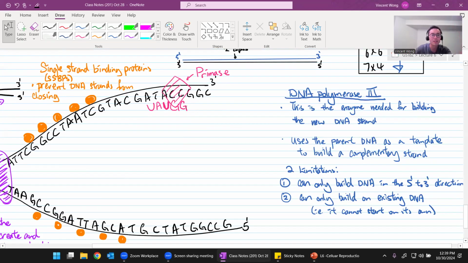Same thing here. DNA polymerase 3 is not going to start building the DNA on its own. It's not going to be doing the questions on its own. The primase is going to come along and do a few nucleotides for it first, and then the DNA polymerase 3 will take over and build the rest of it. Okay, that's why we needed the primase to lay down a few nucleotides first.